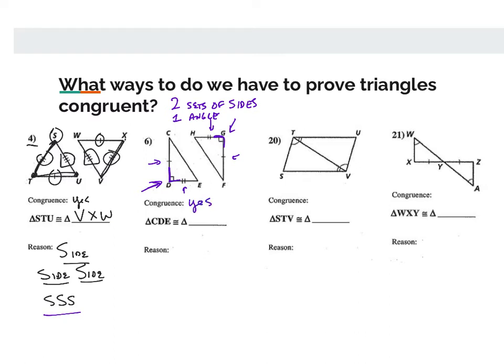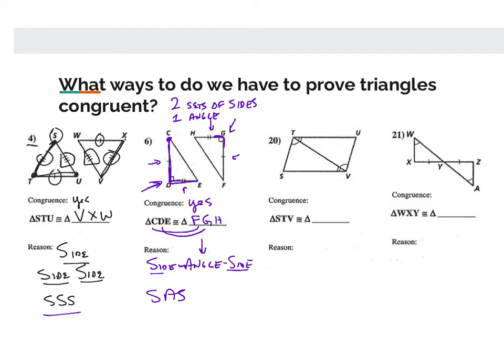So yes, those two are going to be congruent. C, D, E matches up to, let's see, C matches up to F, D, this right angle, matches up to G, and E matches up to H. My reason is going to be side, angle, side. Notice how that's written. Remember that the angle is in between the two sides. So that's my SAS.